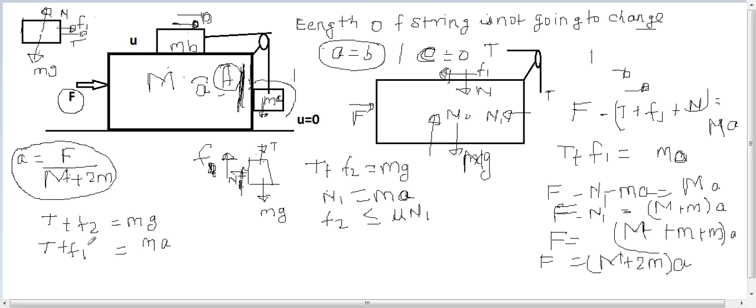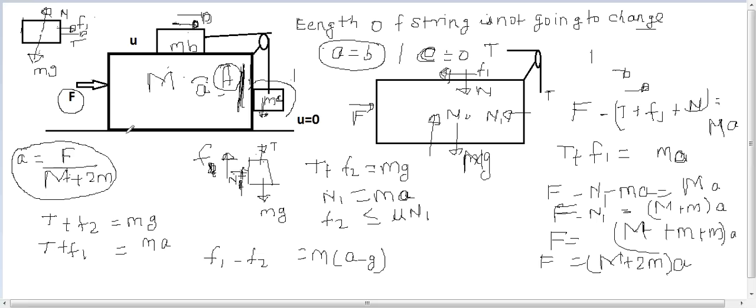If we subtract these two, what do we get? F1 minus F2 should be equal to m(a minus g). So let's put the value of a here.